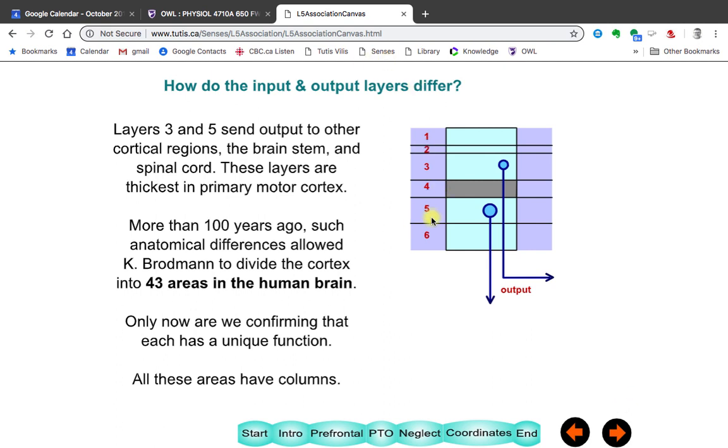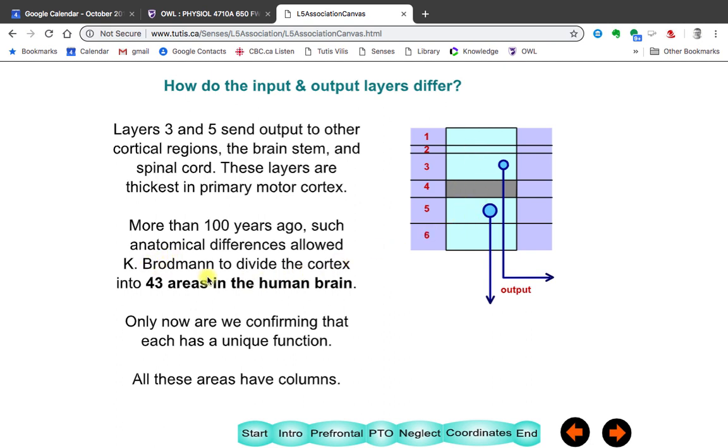In contrast, layers 3 and 5 are large in areas that send out a lot of output. And one of those areas is your motor cortex, because it sends information out to all your muscles. So you can see that different areas have different sizes of the different layers.